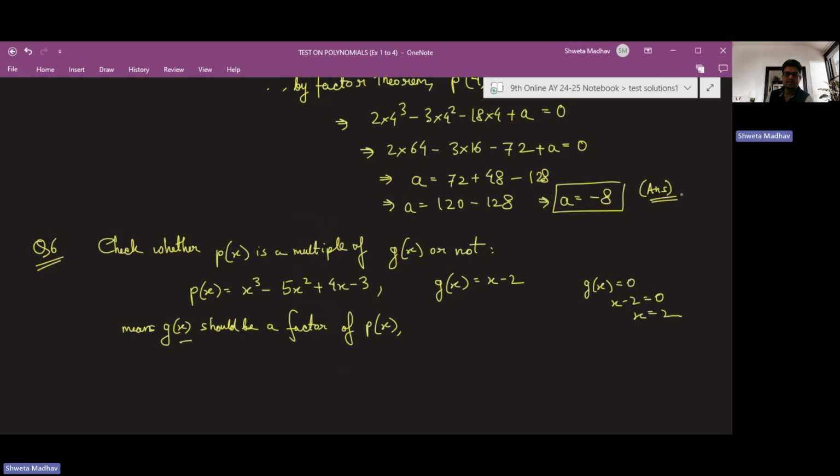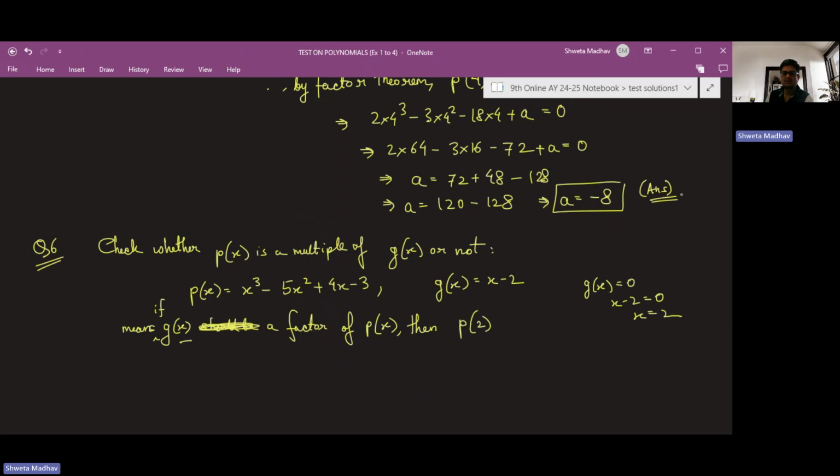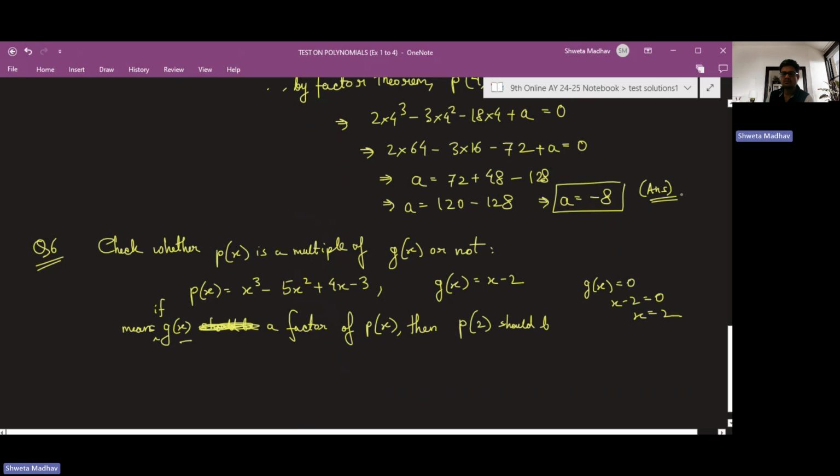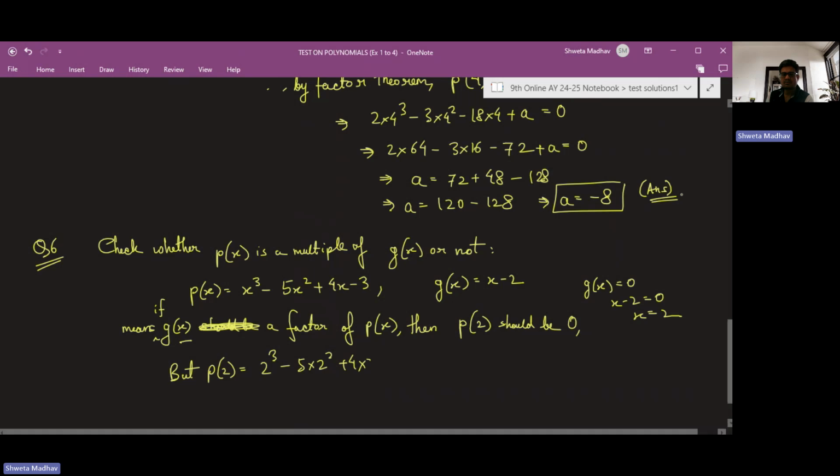So I can say that if G of X is a factor of P of X, then P of 2 should be 0. But here, if we find P of 2, that will be 2 power 3 minus 5 into 2 square plus 4 into 2 minus 3.